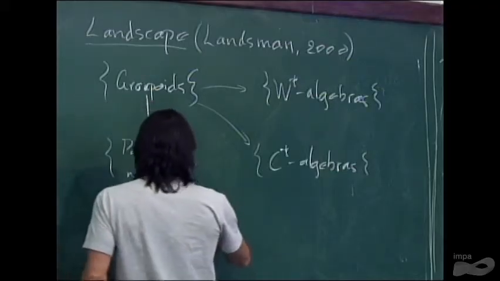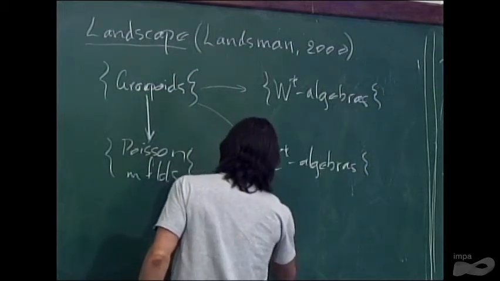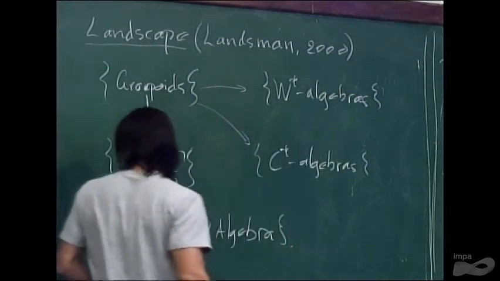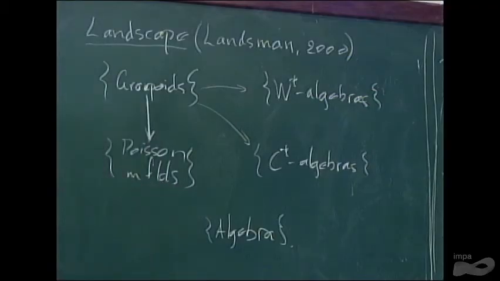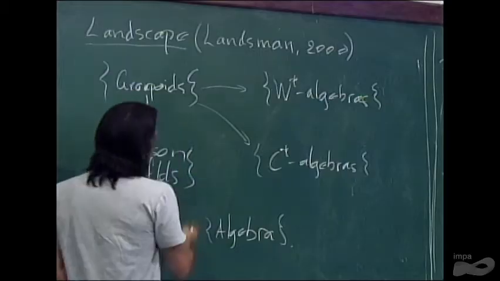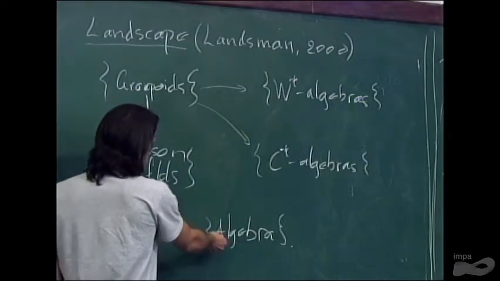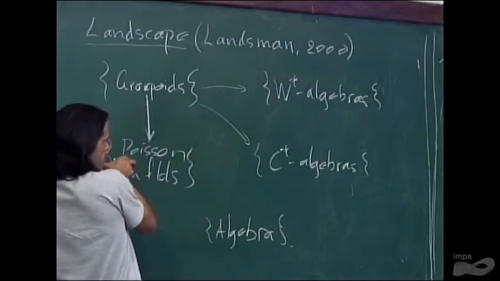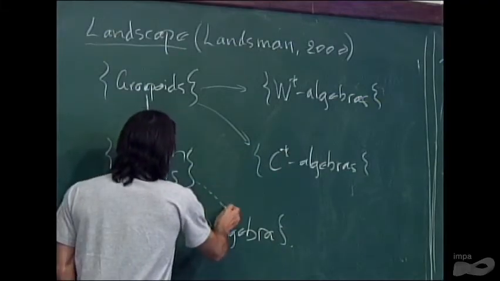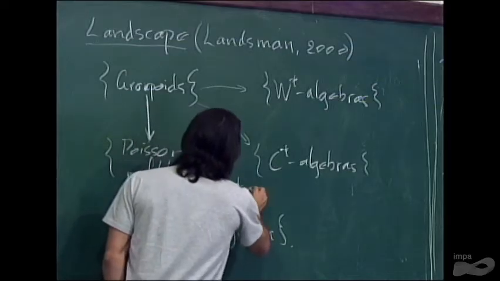So let me just put here algebra. And first of all, we do have a way to link this with this universe here. Maybe just this way. And I will write here Kontsevich.